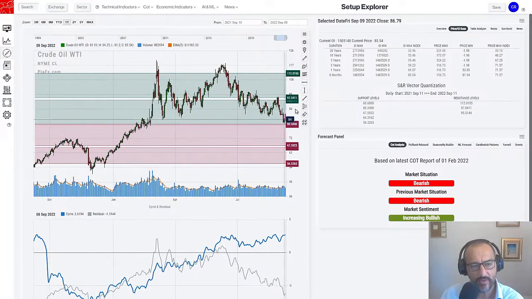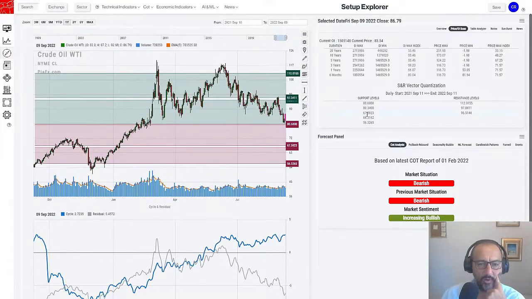We have two resistance zones, because it's green. We have a red zone as a support here, and in green we have two resistance zones. So we are moving into a resistance area that has a bottom and a high line, and we are going inside this.